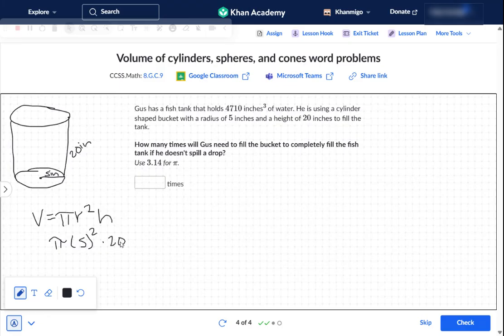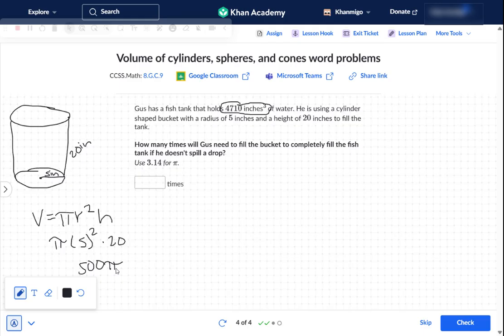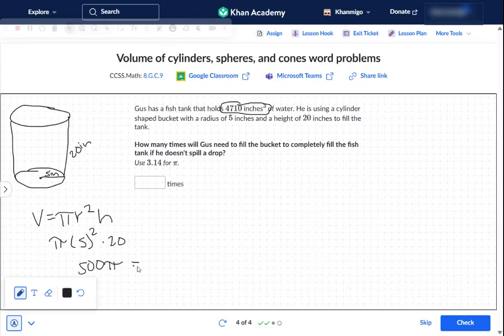So that's going to be 25 times 20, which is 500 pi. Now, because we are given an exact amount, usually I leave it in terms of pi. That's what I've been doing for the rest of this video. But that's not very helpful for us. So I'm going to plug this in the calculator, and that gives us 1,570.